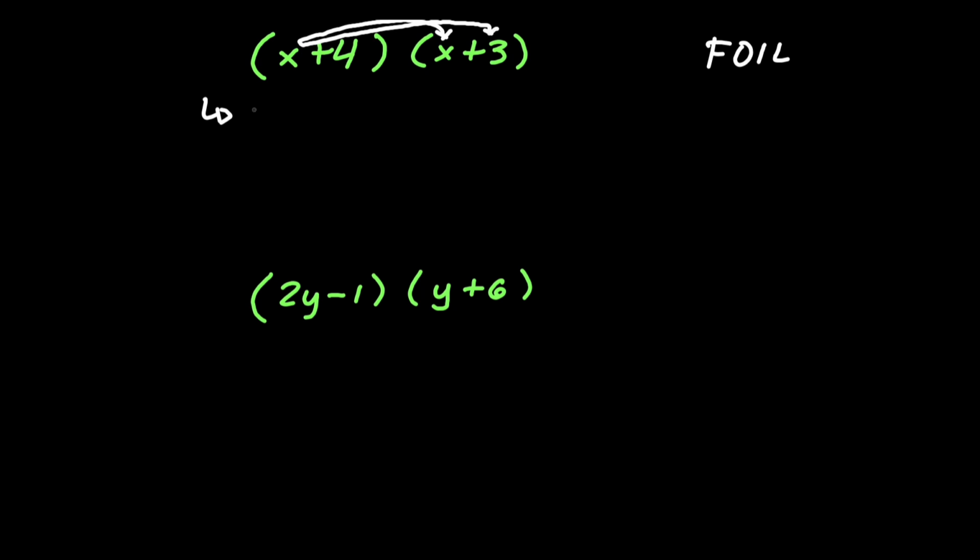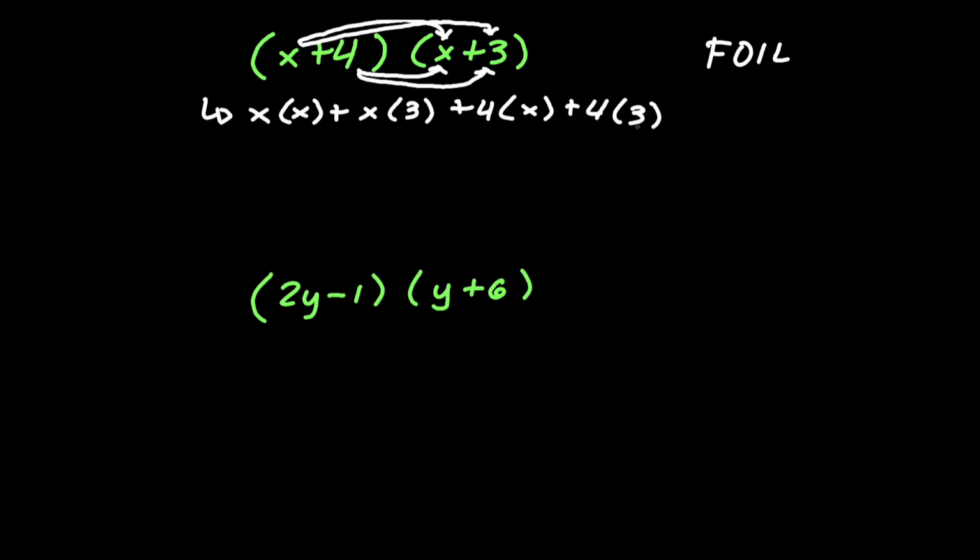So it would be x multiplied by x plus x multiplied by 3. And you will distribute 4 to these two also. 4 multiplied by x and 4 multiplied by 3. So it would be plus 4 multiplied by x plus 4 multiplied by 3.